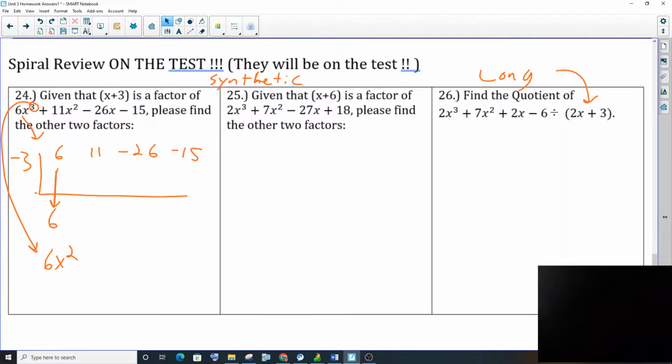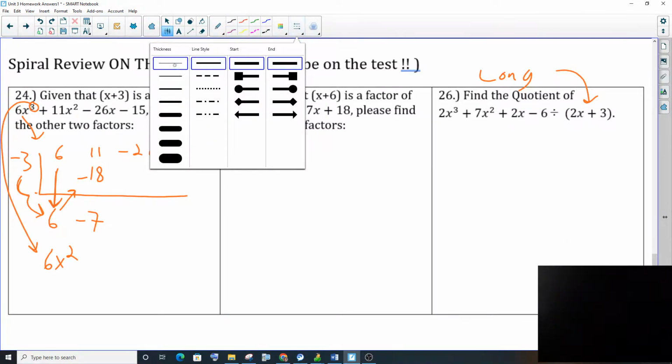So we bring down the 6, and then we go negative 3 times 6 is negative 18, and you put it here next to the 11, and then you combine those together. And so that's 18 apples off my tree, but you gave 11 back, so you still owe me 7 apples. Use your calculator if you need to. And then negative 3, let's use a different color now.